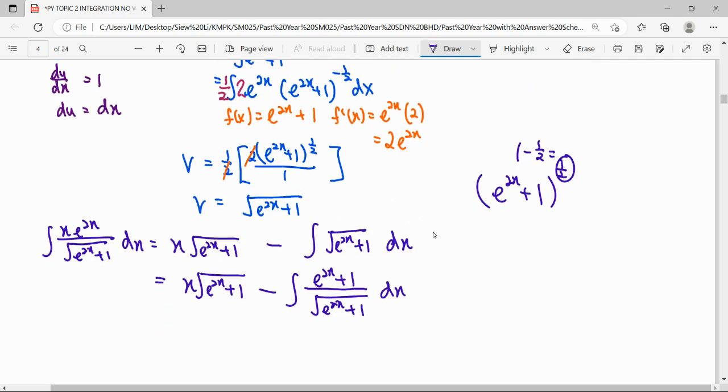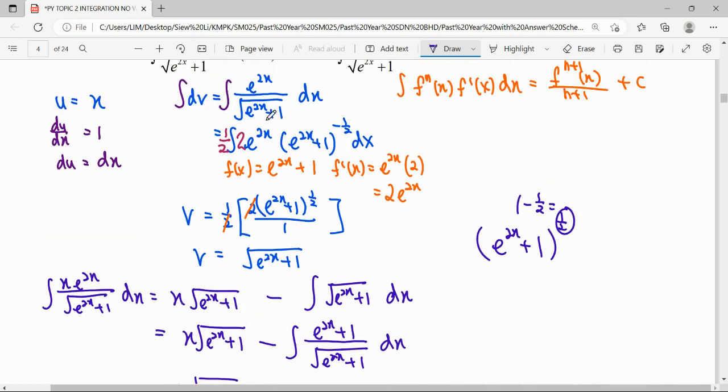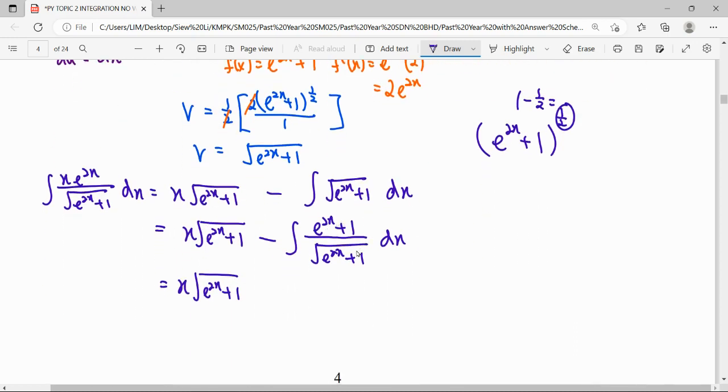Next we simplify this function so that we can get this pattern. We separate this division, which is e to x divided by the function, and actually this is minus, so this one here is also minus the integral of 1 over square root of e to x plus 1. We separate this: we divide this term by this, and then 1 by this.